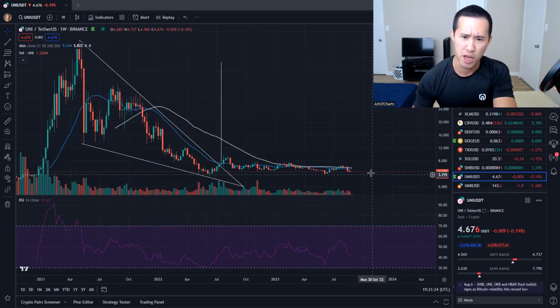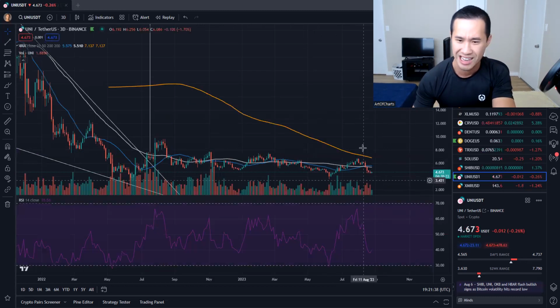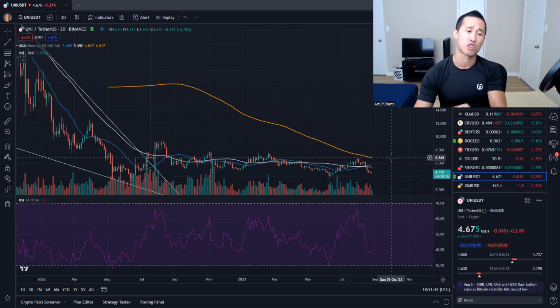We have quite a bit of major resistance ahead, right? We have the weekly 21 SMA, weekly 50 SMA, the blue and gray line. On the 3-day time frame, we're basically beneath all major moving averages until it gets over $6.80 at the time of this reading.